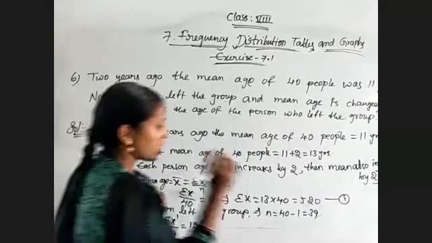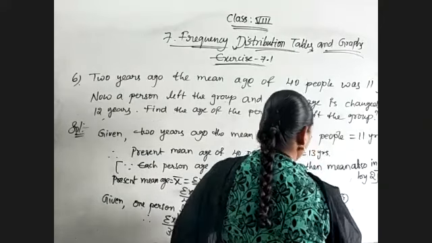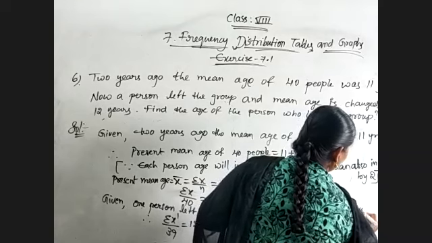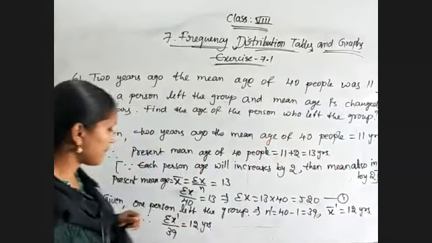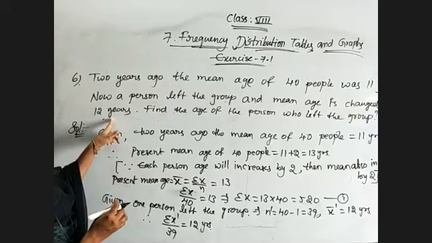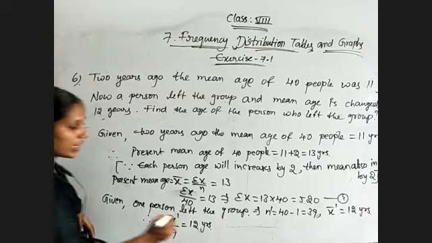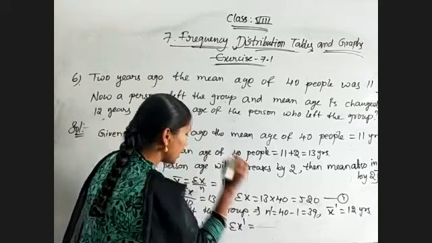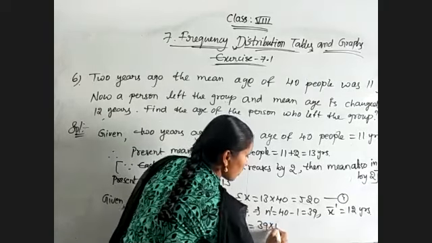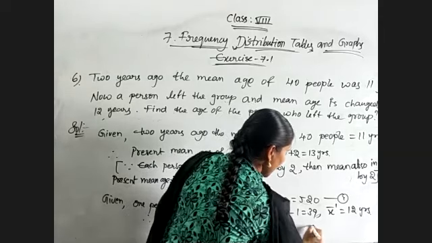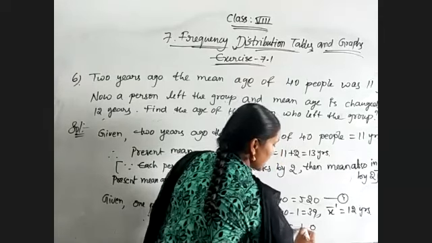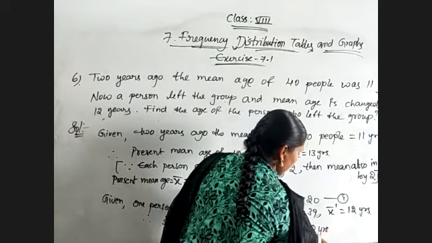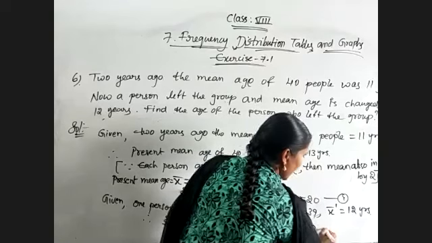The changed mean is also given: n dash equal to 39 and x bar dash equal to 12 years. So from this, the new sum sigma x dash will be equal to 39 into 12. 12 nines are 108, 12 threes are 36 plus 10 is 46, so 468. Let it be equation 2.